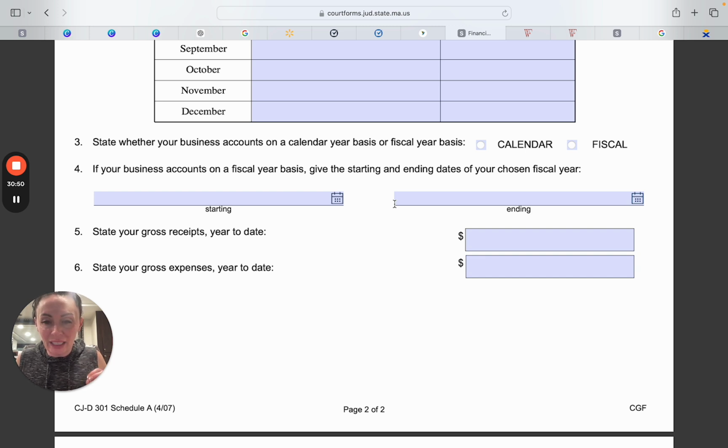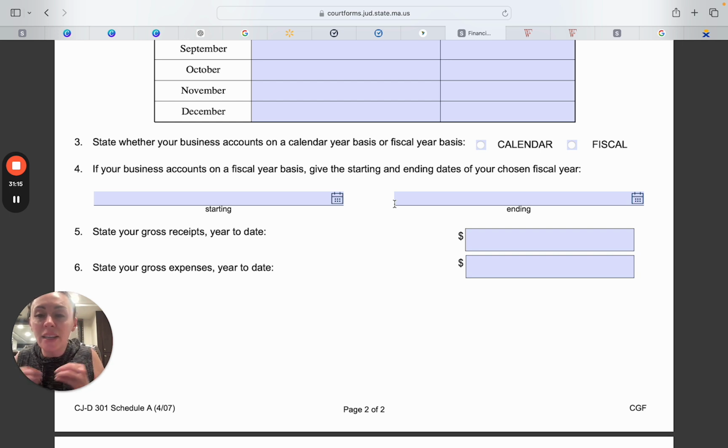Every once in a rare blue moon, a business will have a fiscal year end at like June 30th. So from July 1st to June 30th is what their year is. Okay, that would be a fiscal year. A business can pick any month they want to run their fiscal year at.